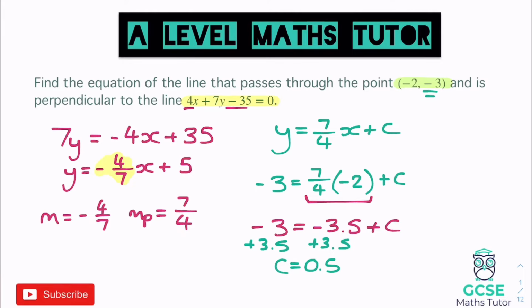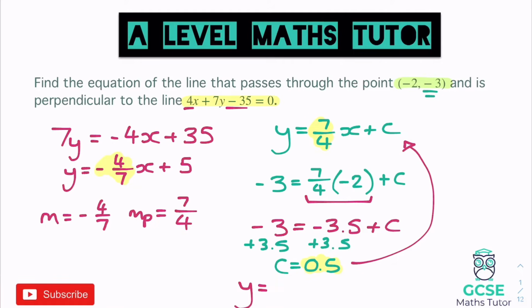And again, we're just going to plug that back into our line equation. So for our final equation here, we get y equals, and one thing I don't really like to do is to mix together fractions and decimals in my line equation. As you can see, I've got 7 over 4 as my gradient, and I've got 0.5 as my value of c.